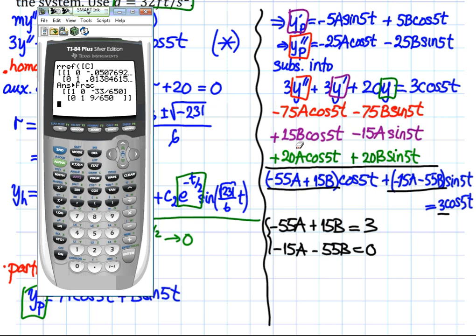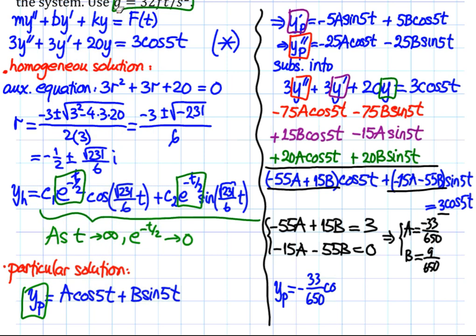Solving this system of equations gives us A equal to negative 33 over 650 and B equal to 9 over 650. And so the particular solution is negative 33 over 650 cosine of 5t plus 9 over 650 sine of 5t.